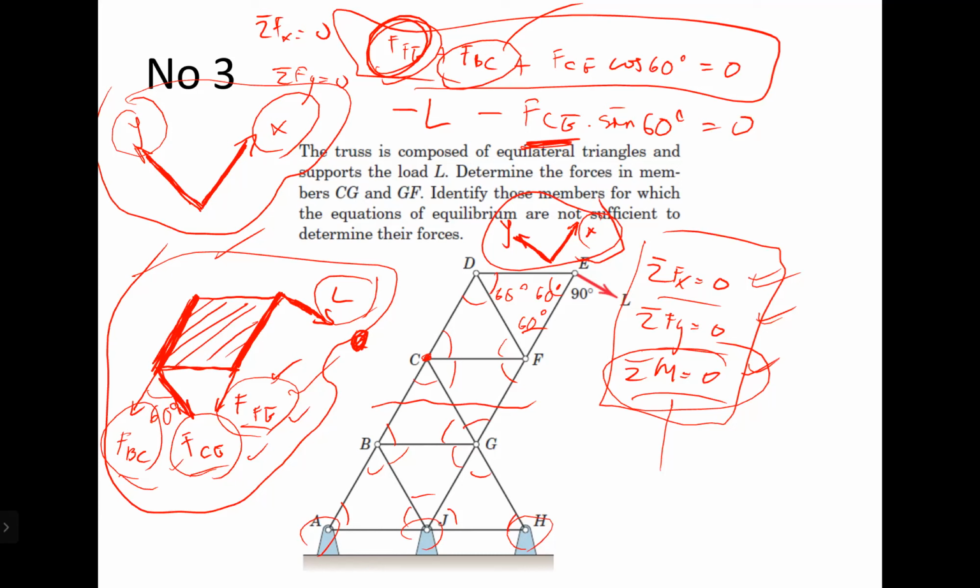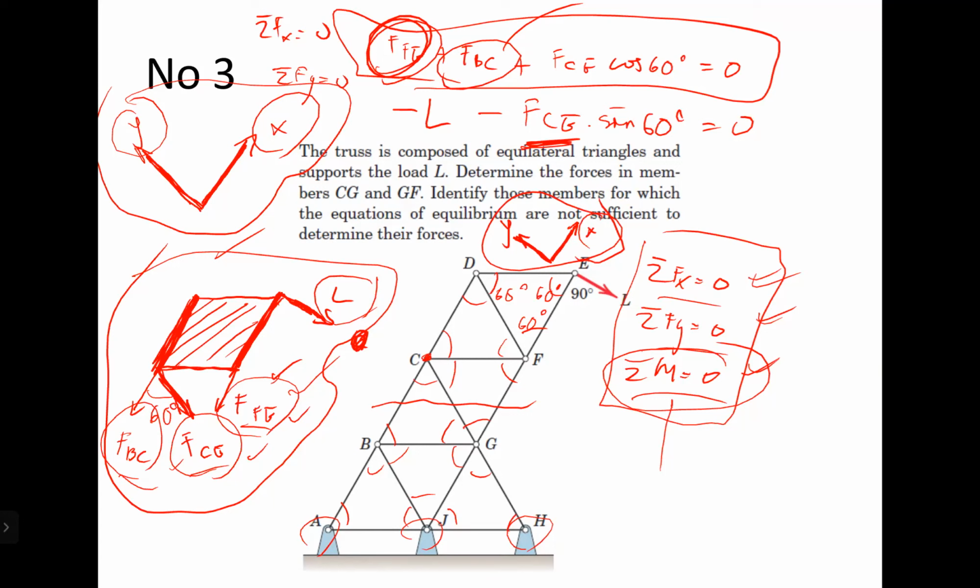If we elaborate more, at A there will be AX, AY. At J there will be JX, JY. At H there will be HX, HY, right? So there will be 6 unknowns, only 3 equations. Correct, right, Aaron? So it is not possible to find those.